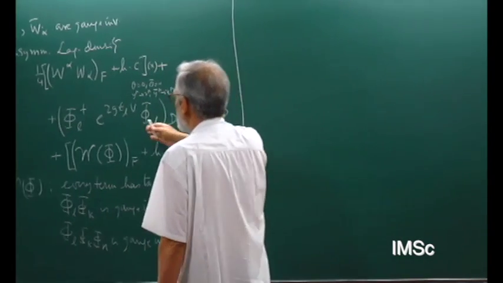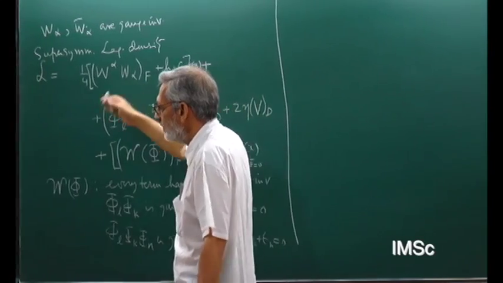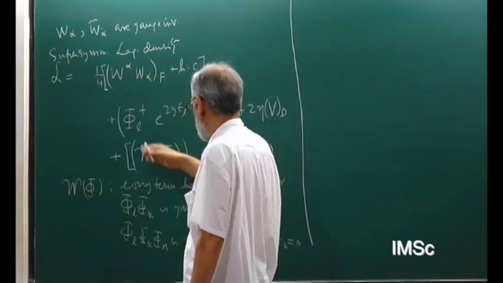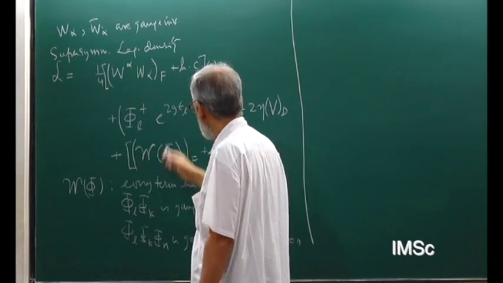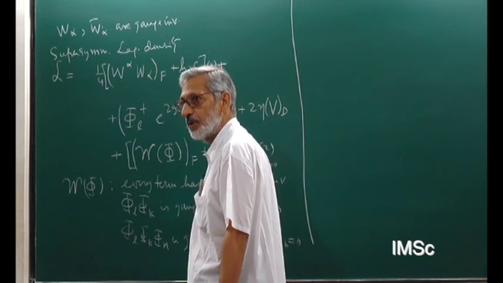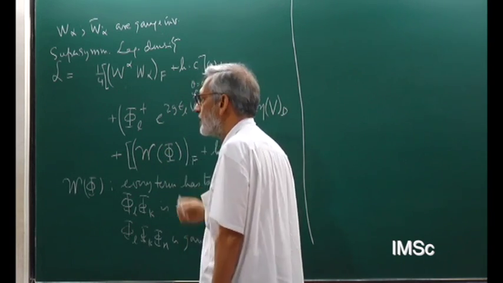So now we know how W alpha is written in terms of components, we know how phi is written in components, and we know how V is written in terms of components. Expand it in terms of components.